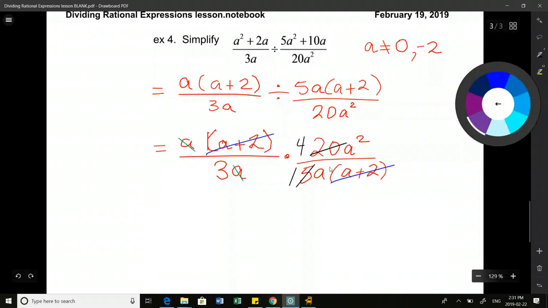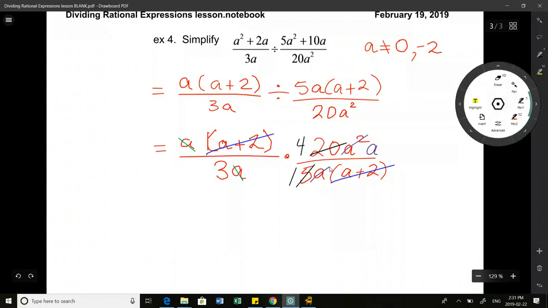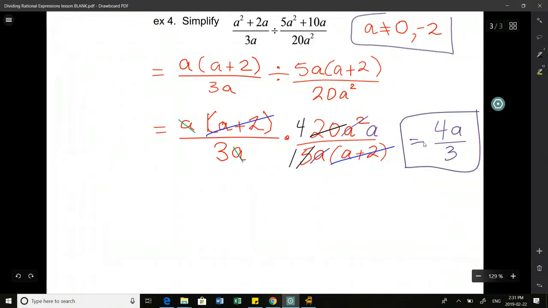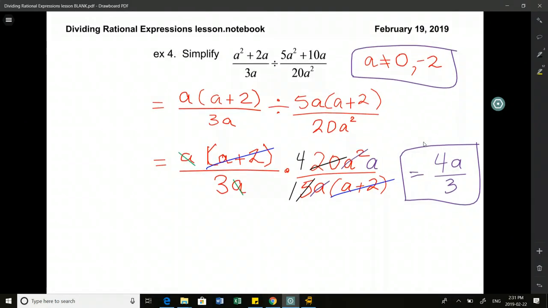So I'll take out 1 here and 1 here, and I'm left with an a. Good. Okay, so we're left with 4a over 3. And then we have our restrictions here. Box those up too. Good.